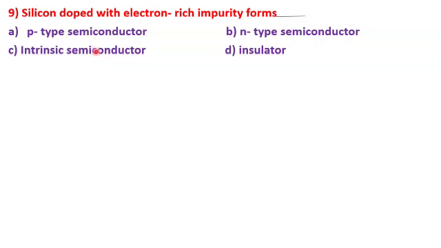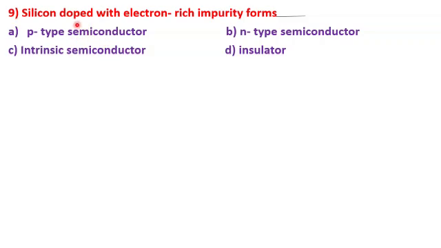So semiconductor means materials which show conductivity at some conditions. Extrinsic semiconductor means the conductivity of an intrinsic semiconductor can be increased by doping it with some other elements.